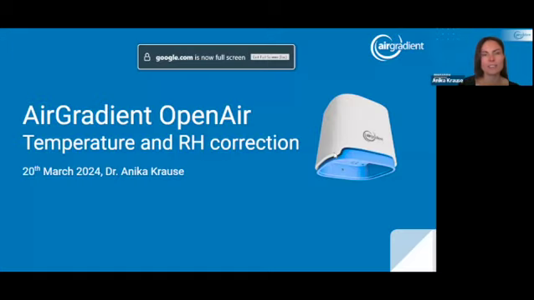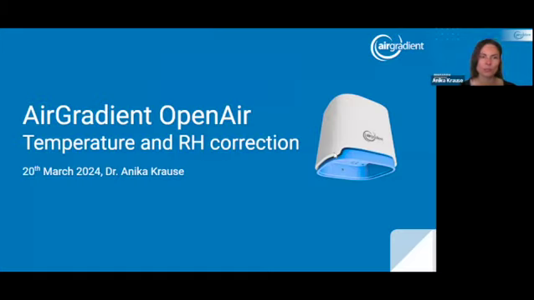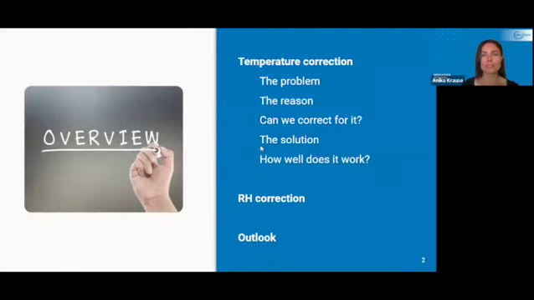As Johanna has already told you, and you obviously know, we're talking about the temperature and relative humidity correction of the outdoor open air sensors, so AirGradient Open Air. Also, this is meant as an educational webinar, which is also for people who are not air quality scientists.